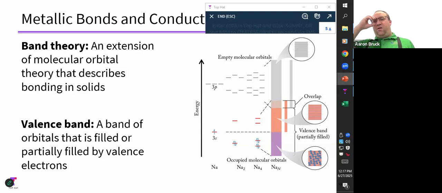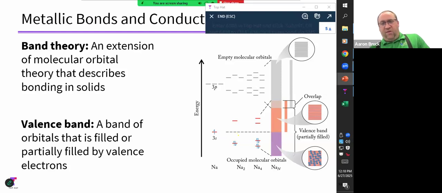And what I want you to think about from that standpoint then is if we take a large sample of a particular substance, like say sodium, what we'll notice is that the occupied electron orbitals inside of sodium are going to form this valence band down here in purple that represent the atomic orbitals, the orbitals that have electrons in them.